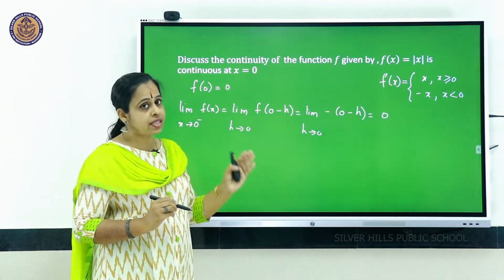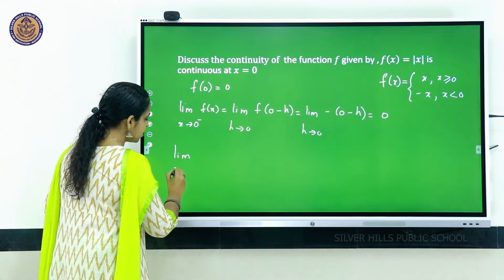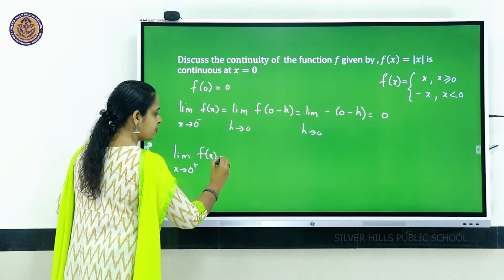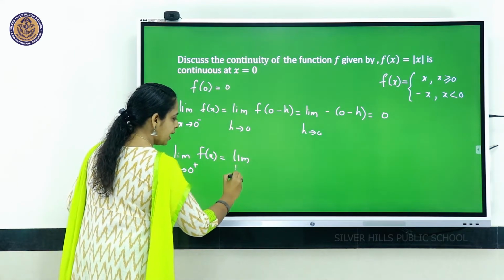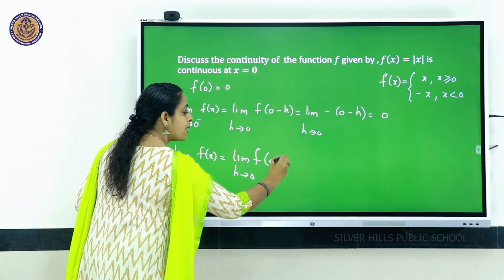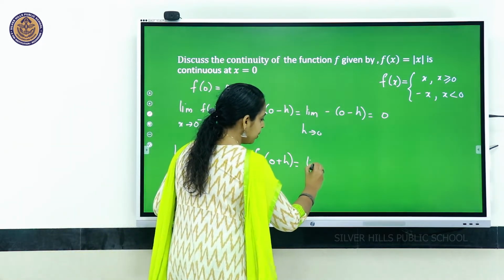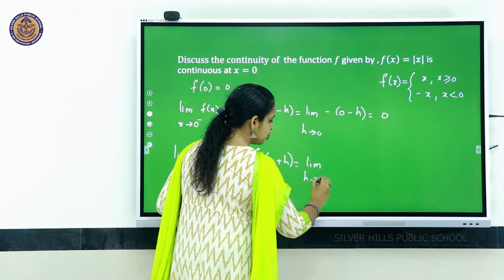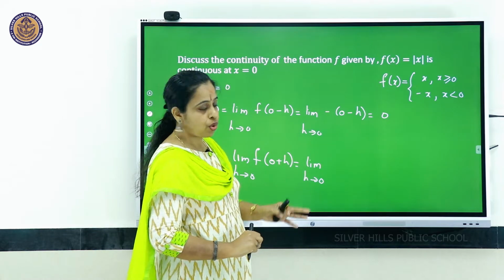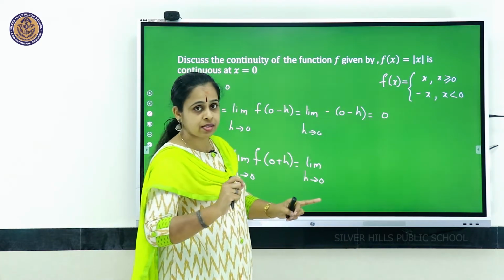Now, let us see the right hand limit. Limit x tending to 0 plus f of x. Limit h tending to 0, f of 0 plus h will be equal to limit h tending to 0. What is 0 plus h means? More than 0. What is the definition? X greater than or equal to 0, it takes x.